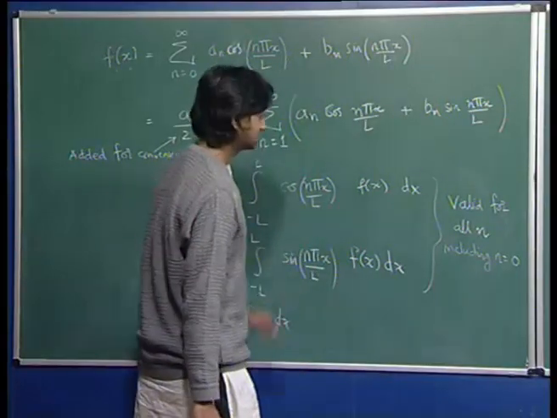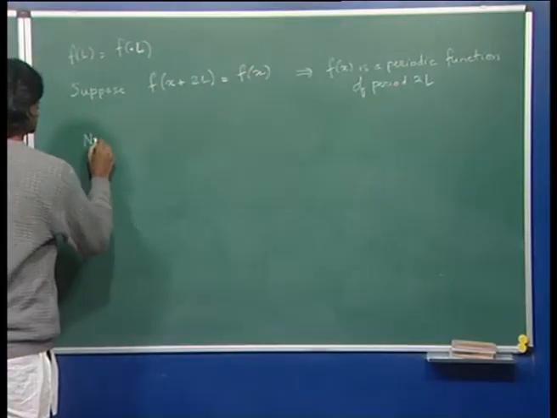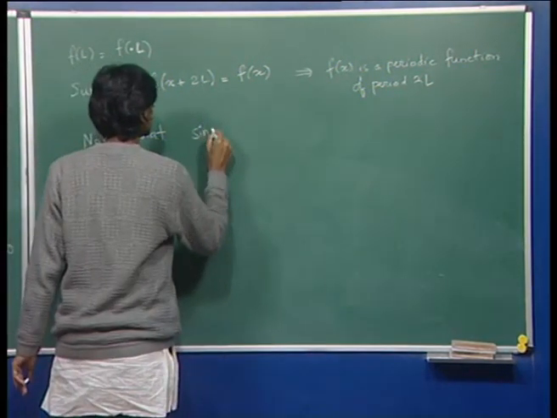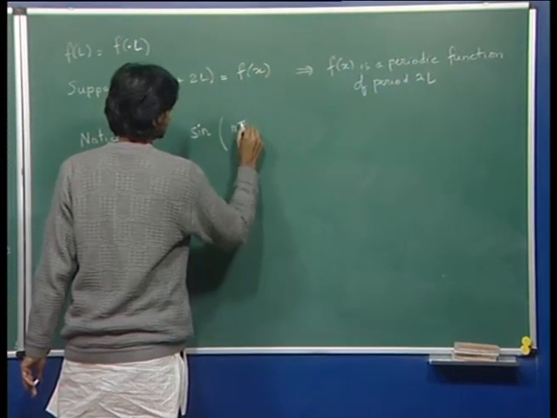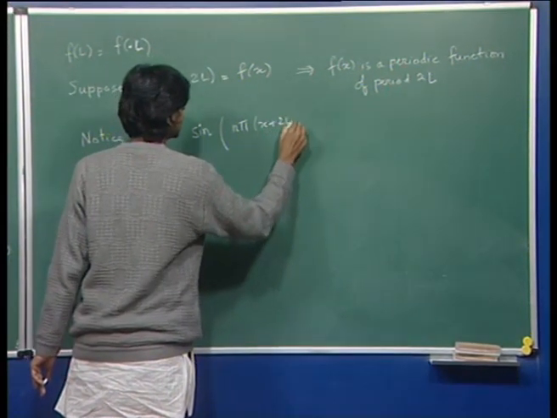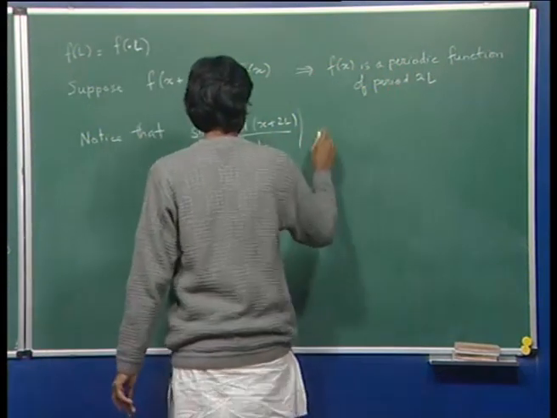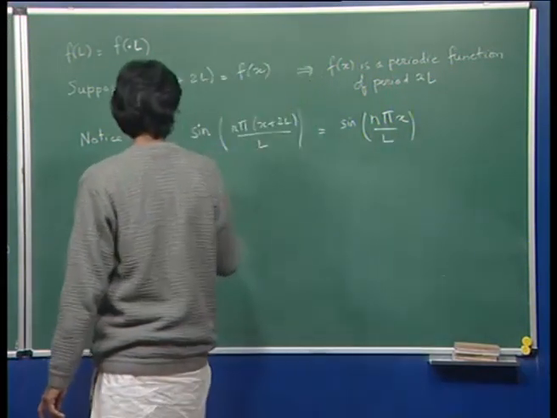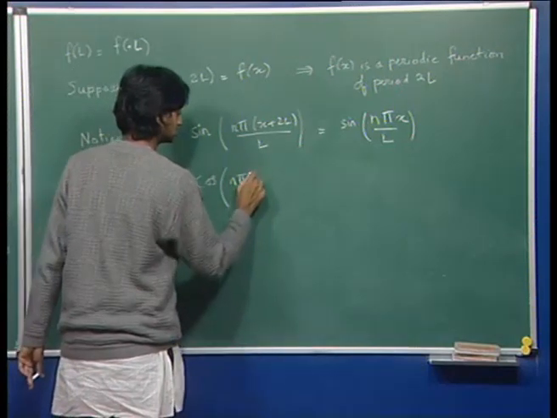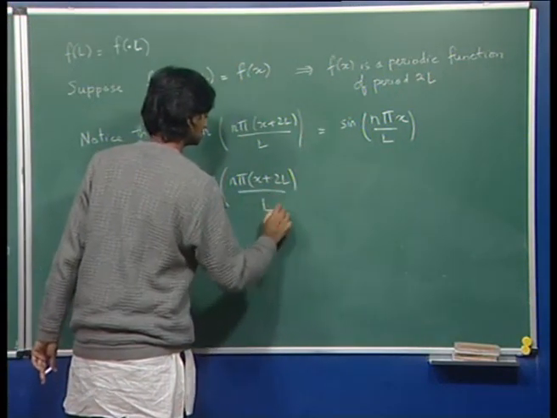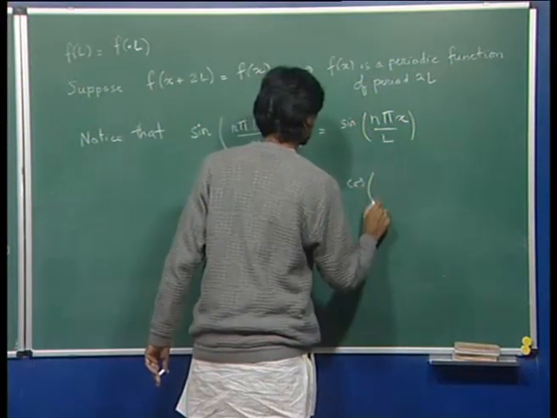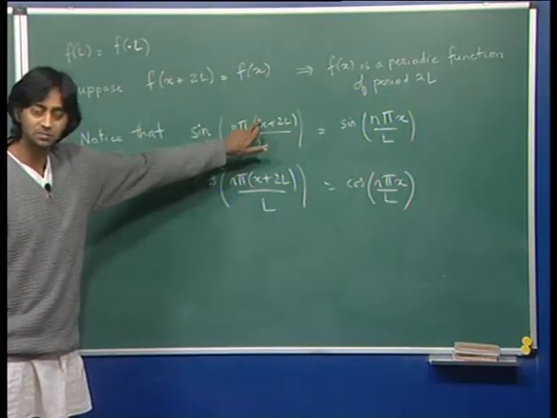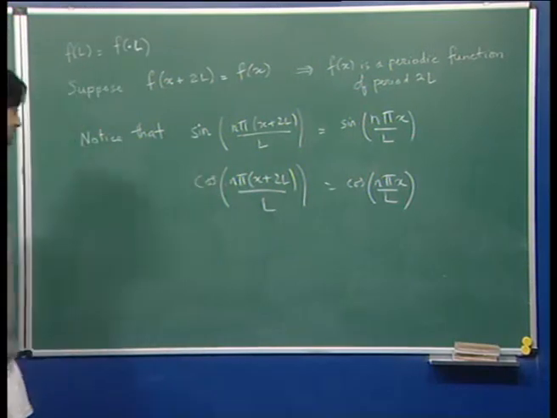Then we notice that sine of n pi (x plus 2L) divided by L is equal to sine n pi x by L, and cos is equal to cos of n pi x by L. So, in other words, sin n pi x by L and cos n pi x by L are also periodic functions.